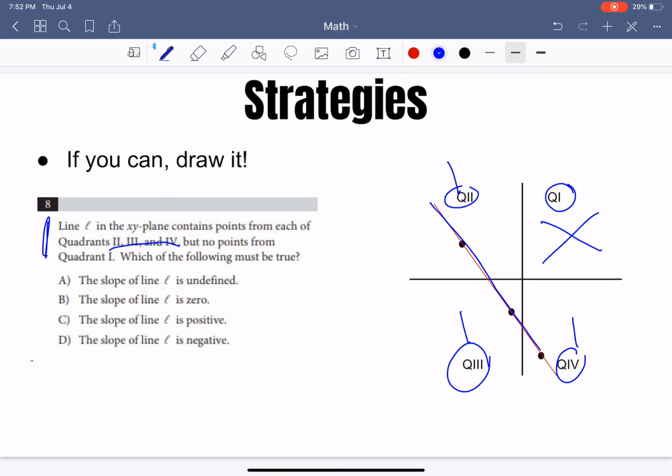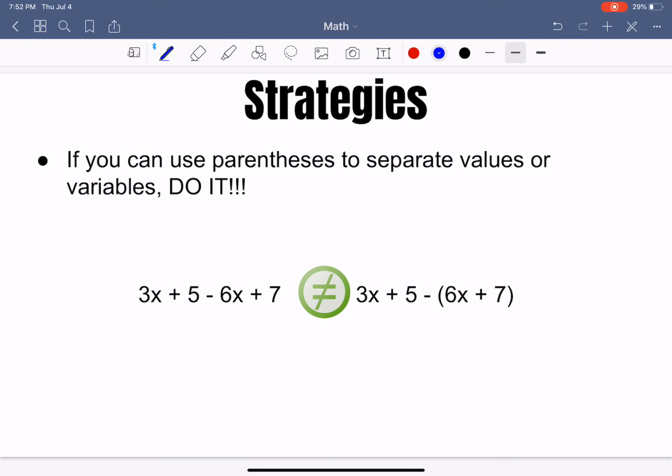You just connect the dots. What does that line mean? Is the line undefined? No. Is the line 0? No. Is the slope of the line positive? No. Is the slope of the line negative? Yes, it is. So if you can draw it, do it, because otherwise it's really hard to visualize.